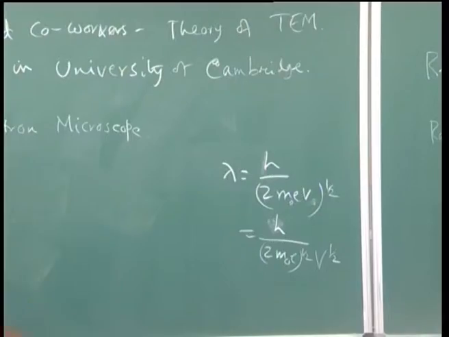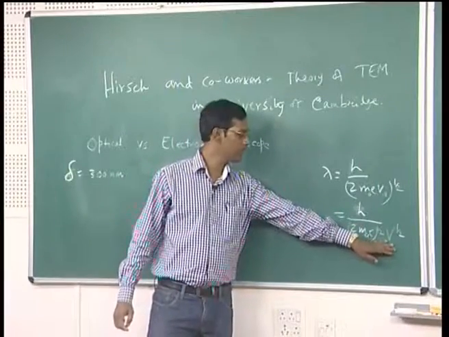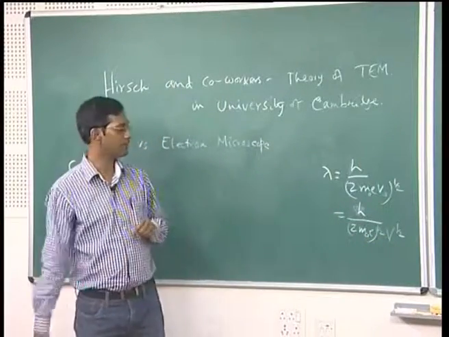So, that means the wavelength of electron is a strong function of the voltage by which it is accelerated.